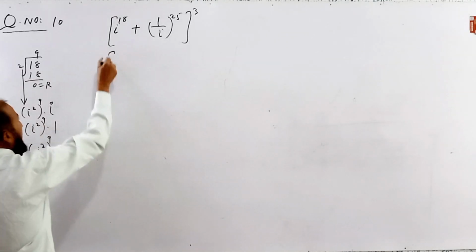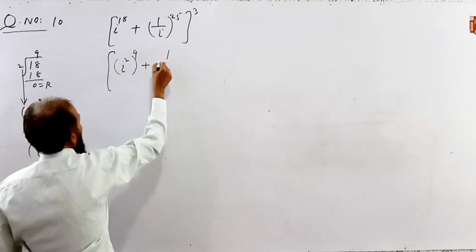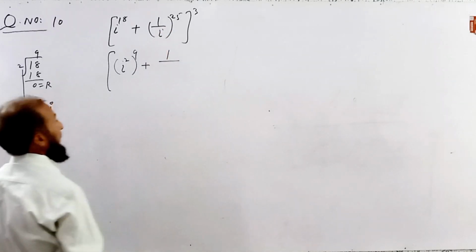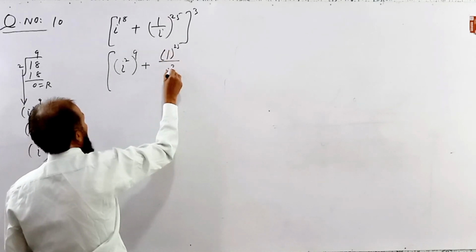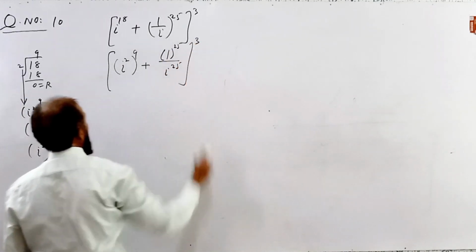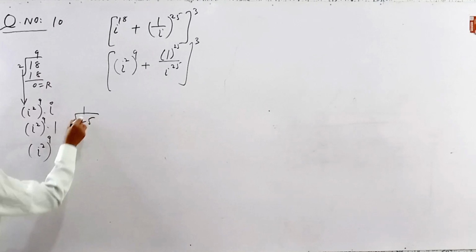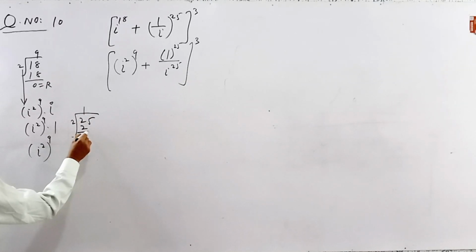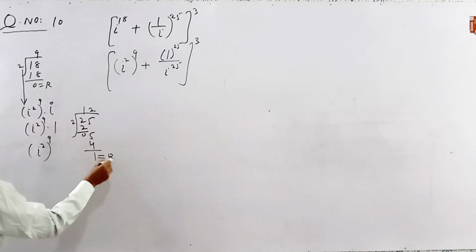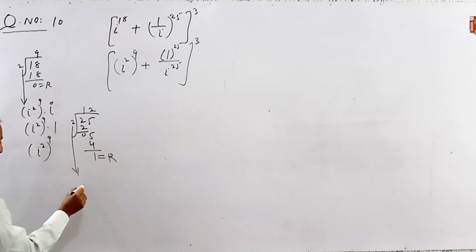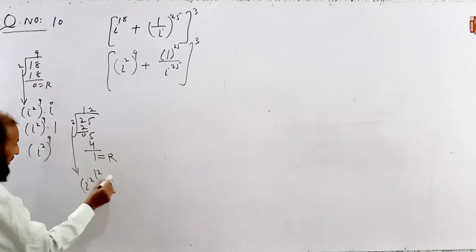Similarly, i to the power 25: 25, 2 multiplied by 12 is 24, the remainder is 1. So in the i form, i square whole exponent 12, and the remainder is 1.